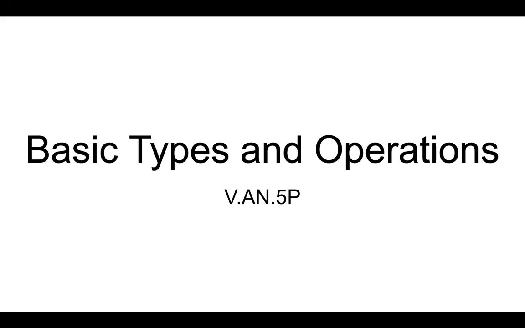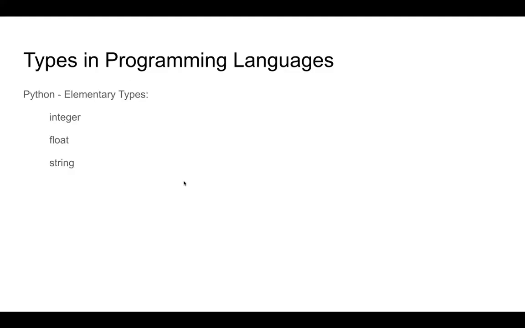In this video, we'll explore basic types and operations. Each programming language makes it possible for you to work with several different types of data. Typically, some of these types are very elementary, while others are more complicated. In Python, some of the elementary types are integer, float, which is for decimal numbers, and strings, which are for character string data.